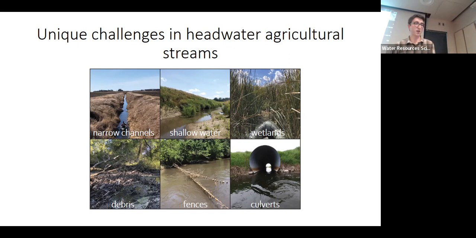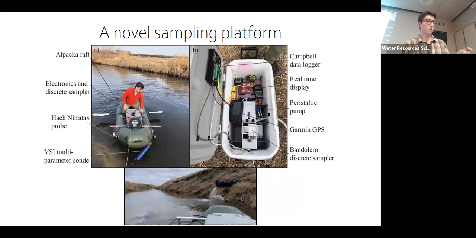And then obviously something on a high powered boat just really wouldn't work in this system. So to get around some of these challenges, Ryan Felton, who worked on this project, he was a master's student in the program before me, introduced this novel sampling platform based on a pack raft, pictured here.